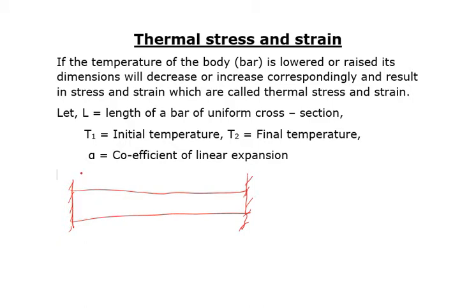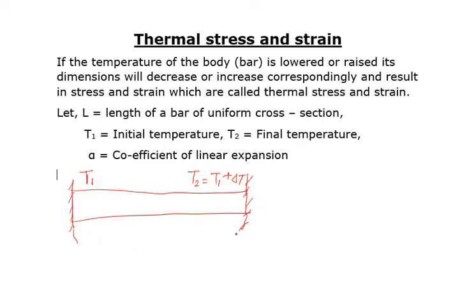Suppose the initial temperature of the bar was T1 and the temperature has been raised by delta T. Then what will be the final temperature? That is T2 is equal to T1 plus delta T, correct.